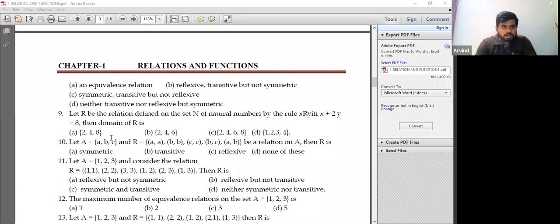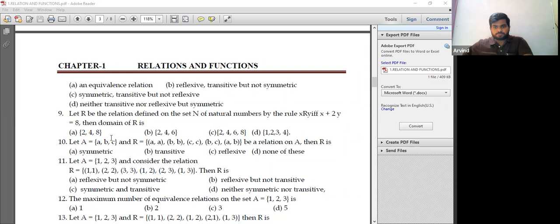Okay, ninth one. Let R be the relation defined on the set of natural numbers. X is related to Y if and only if X plus 2Y is equal to 8. Then the domain of R is... I'll give you one minute, that is enough. You have to find it yourselves. So we have defined a relation R such that X plus 2Y is equal to 8.